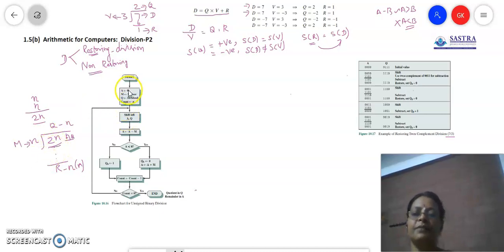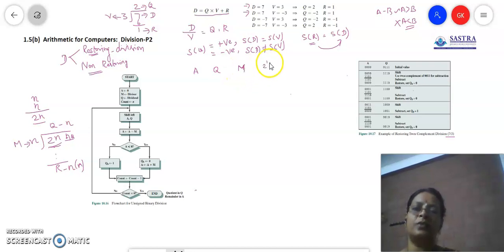Now we will consider the initial value of the registers. We are going to use the A accumulator, the Q register, and of course the M register. Many times we are doing subtraction, sometimes addition. Even when we do the subtraction, it is going to be implemented with 2's complement addition.